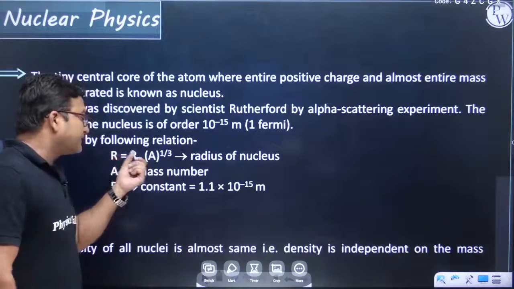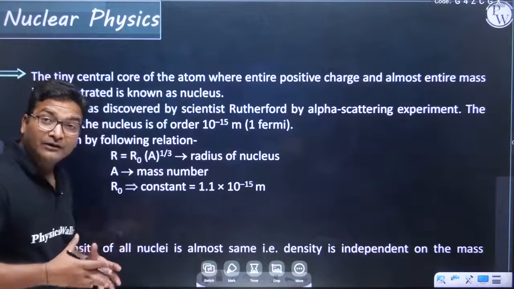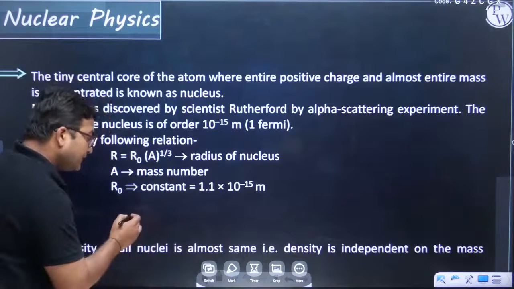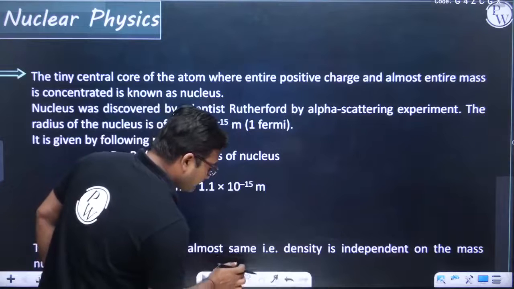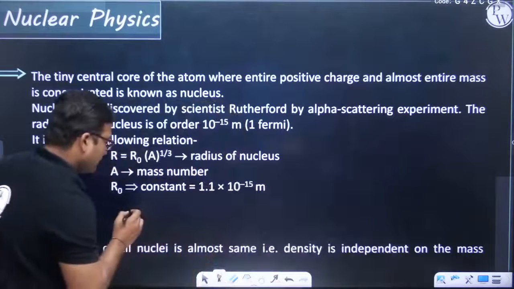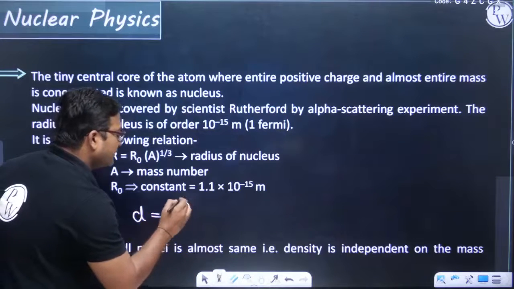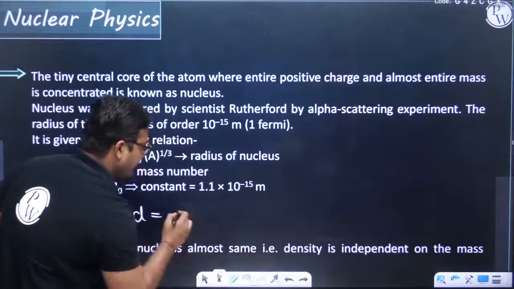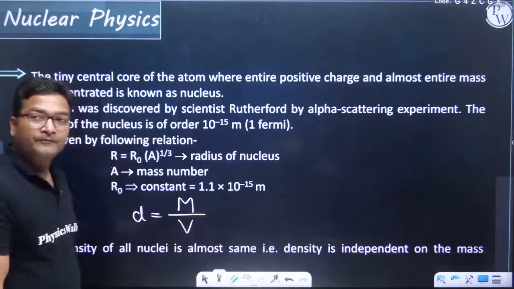And if we want to calculate the density of a nucleus, the density of a nucleus will be given by, say, D equals the total mass of the nucleus, let's say capital M, divided by its volume, right?